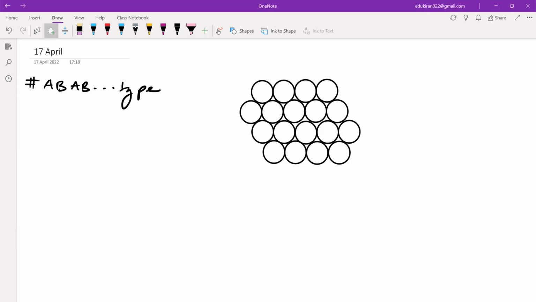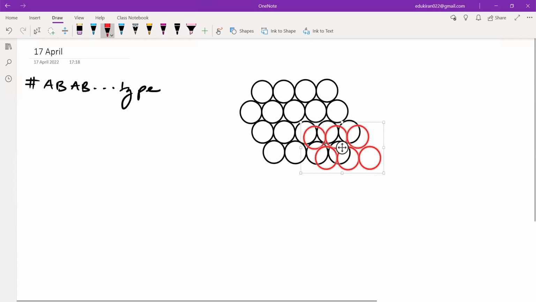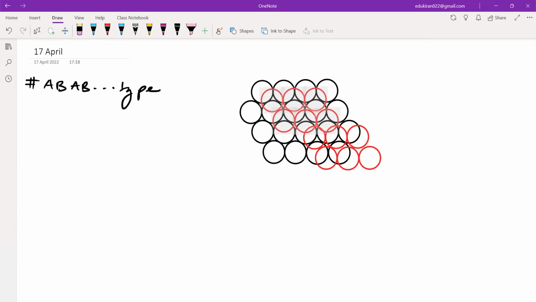And then I will be putting up a layer of B atoms. So let me take a few atoms from here. Make it red and put it on this layer of B. Now again, I will be covering some voids, which are these voids.